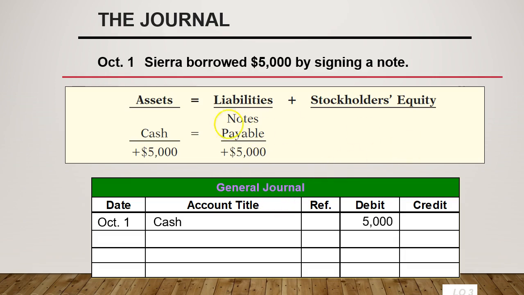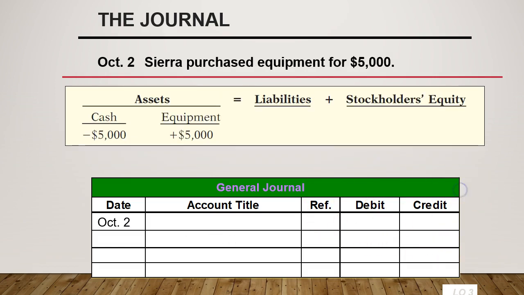So in our journal, we'll put the cash account first because whatever account you want to debit goes first in the journal. Record the amount in the debit column, followed by the notes payable account, and record the amount in the credit column. Notice that the transaction has to balance. The total amount debited must equal the total amount shown on the credit side.